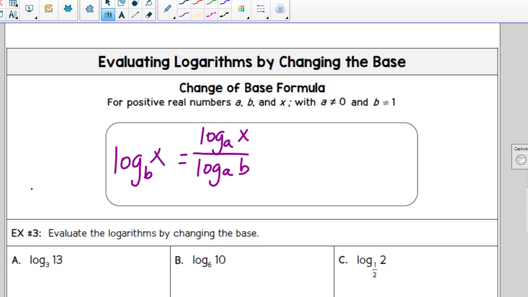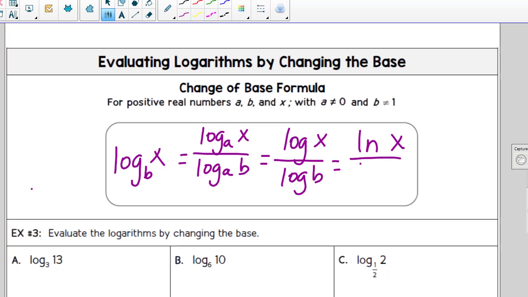But this would give me an equivalent expression. Now, what bases would I change it to? Either e or 10, because I've got calculator buttons for that. So this is equivalent to log of x over log of b. Or, if you prefer, natural log of x over natural log of b.